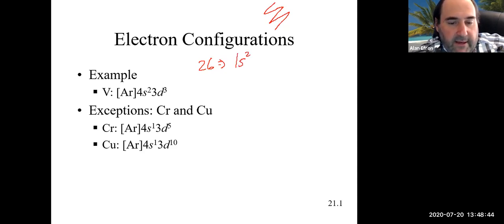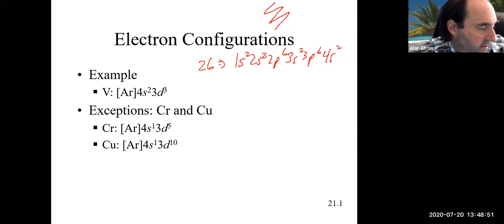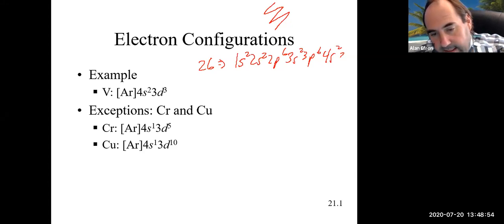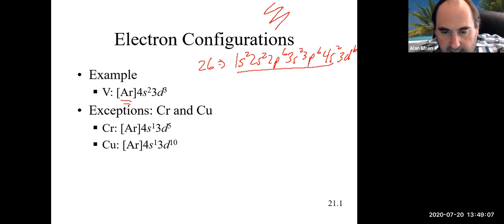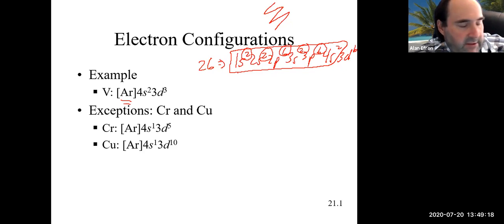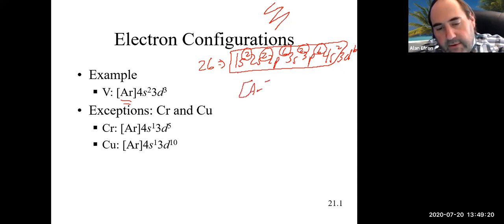If you write it out, 1s2, 2s2, 2p6, 3s2, 3p6, 4s2, 3d6, if I got that right. So that is 10, 20, 26. This is what is sometimes referred to as noble gas configuration. If we take it up to here, counting the top, 2, 4, 10, 12, 18 electrons. 18 electrons on the periodic table is argon. So we could do noble gas configuration.